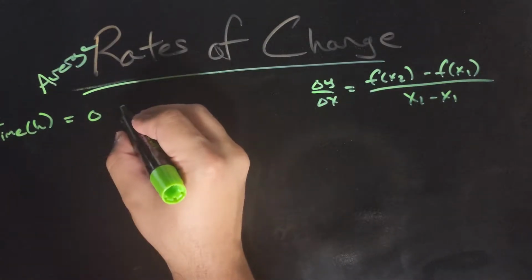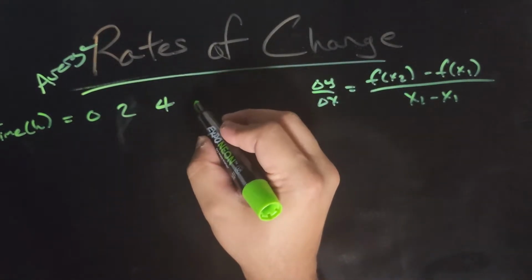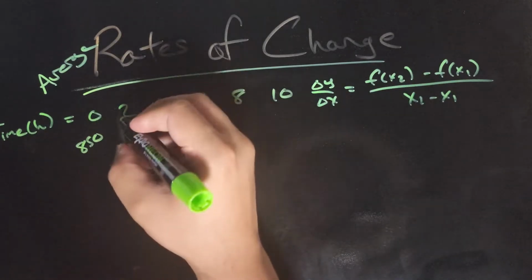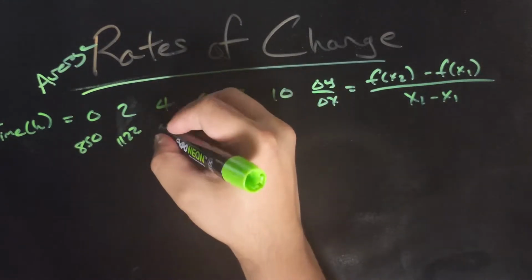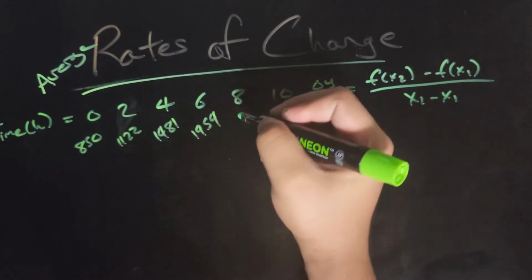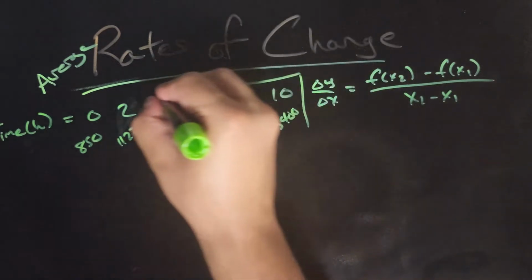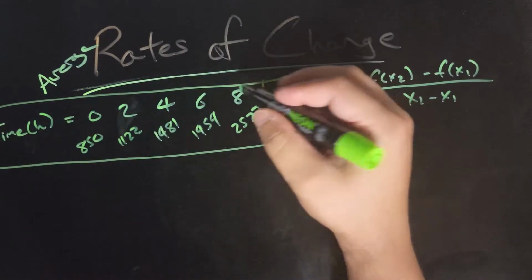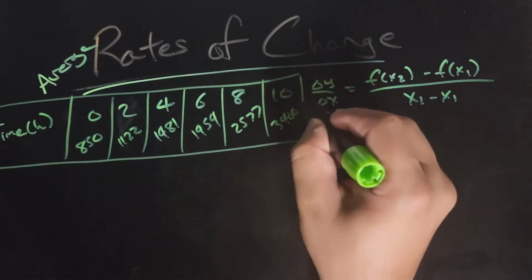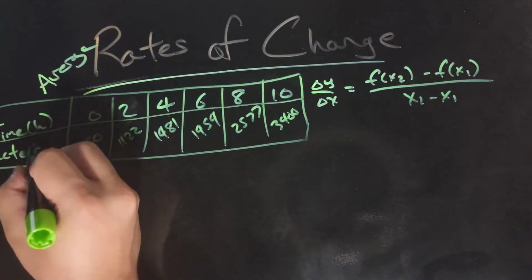Let's say we have 0, 2, 4, 6, 8, 10, and then we have bacteria here.